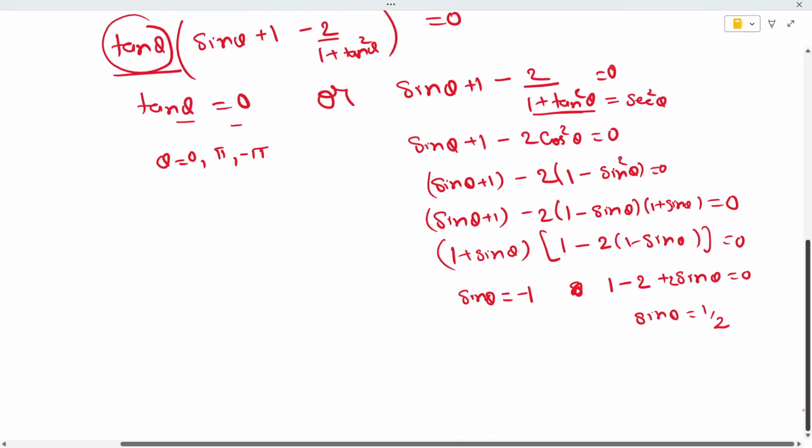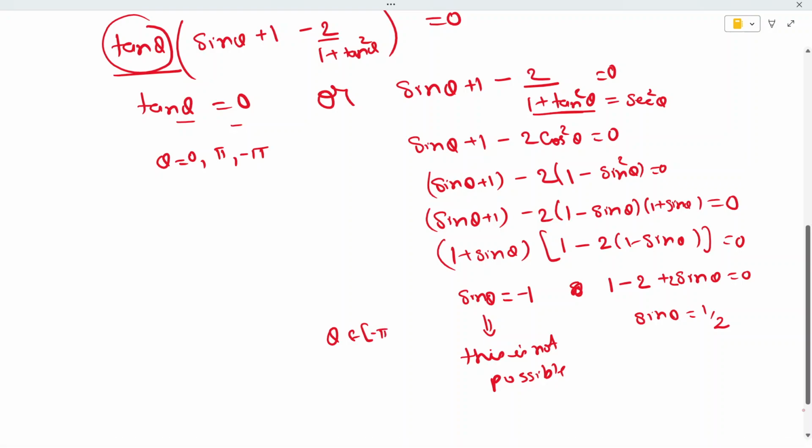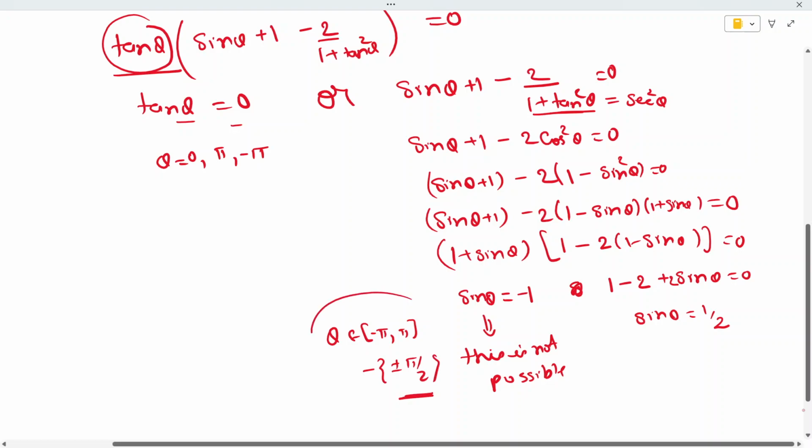Now, sin theta cannot be minus 1, because theta belongs to minus pi to pi and does not include plus minus pi by 2, and sin theta is minus 1 at minus pi by 2. So minus 1 is not possible, and the only possibility we have is this.